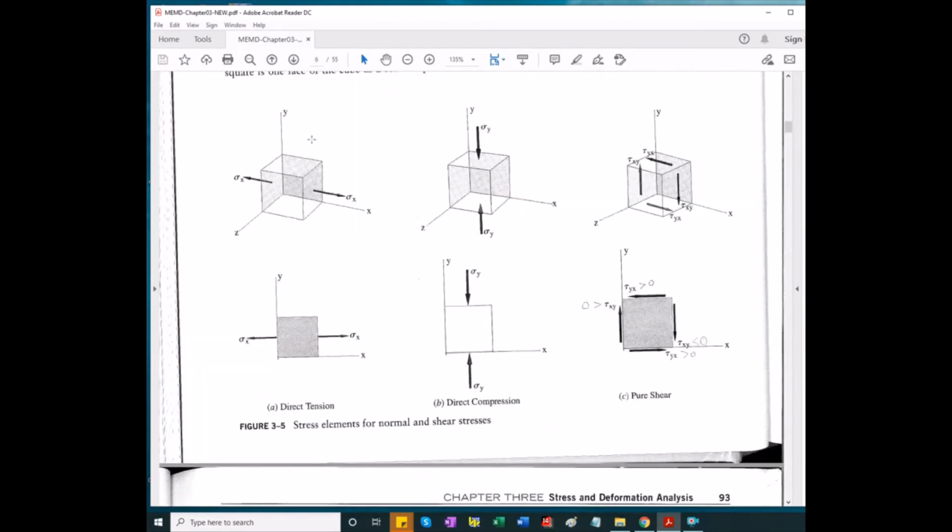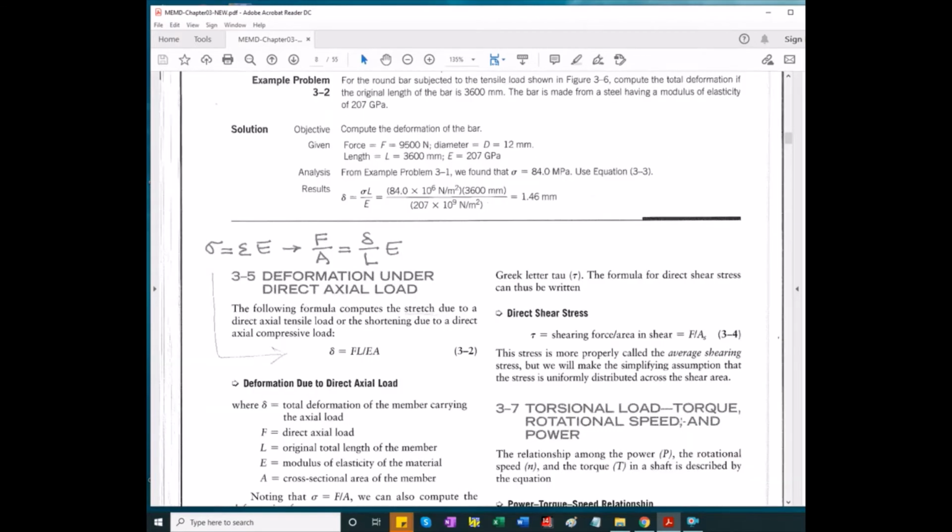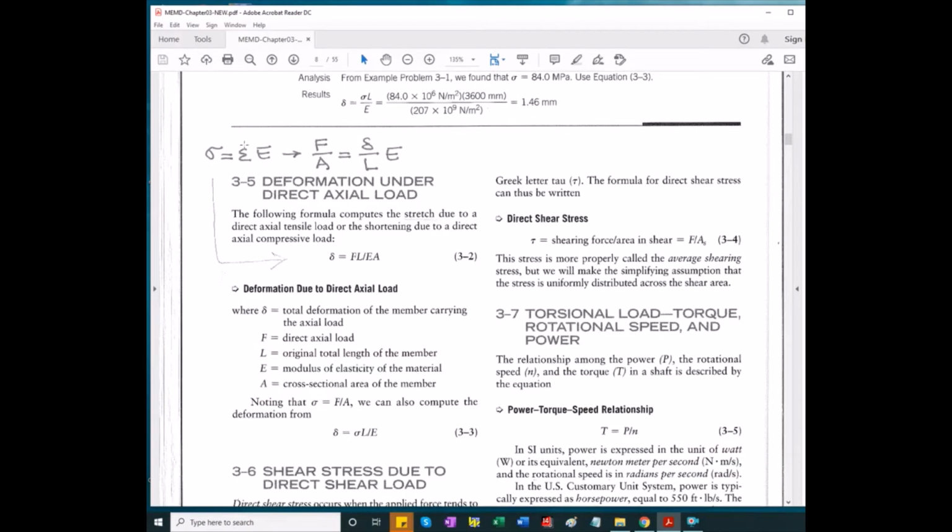Okay, in order to have an instance like this one or a 2D view, as you can see here, Hooke's law allows us to calculate deformation by expressing the strain. So delta is going to be F times L over A times E. Remember, if you're putting this in Excel, you need to have E times A in parentheses. Otherwise, the results will be wrong.